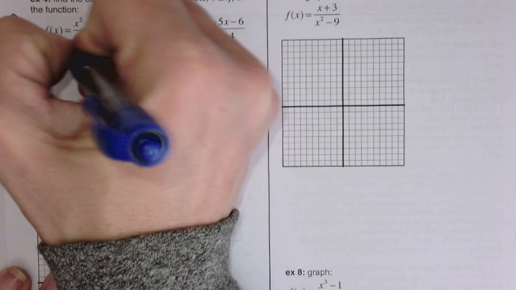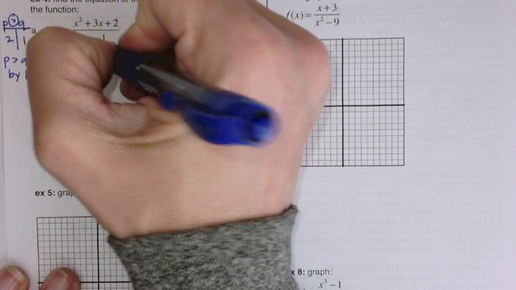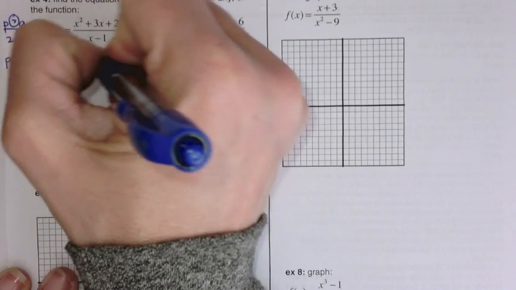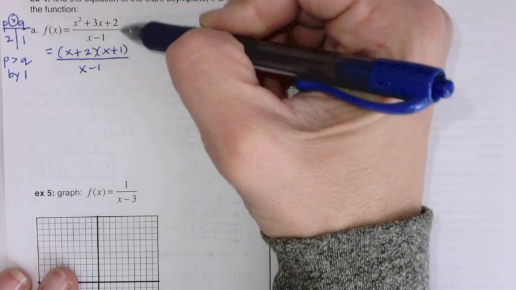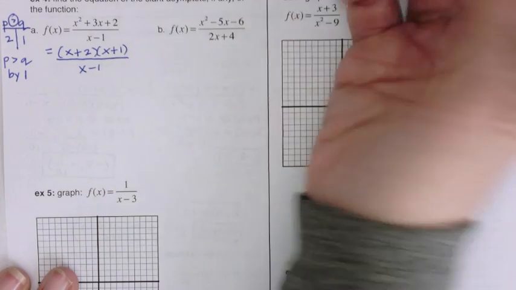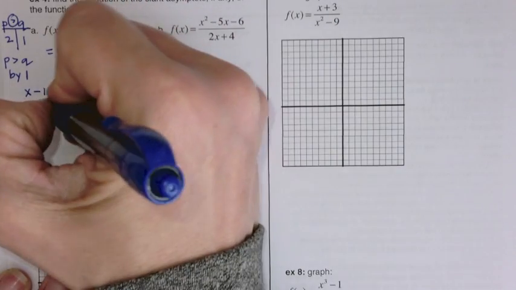So I'm still going to check just to make sure that none of these cancel. And some of you can do this step in your head. You know it's not going to cancel because both of these factors have to be positive, so nothing would cancel with this one that has an x minus 1. But just to be diligent, that's what we're going to do.